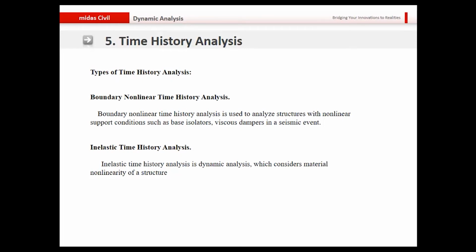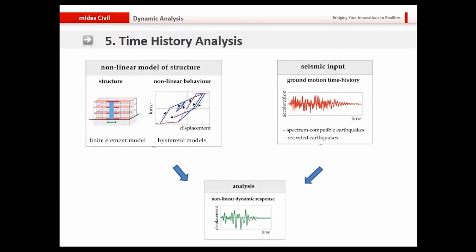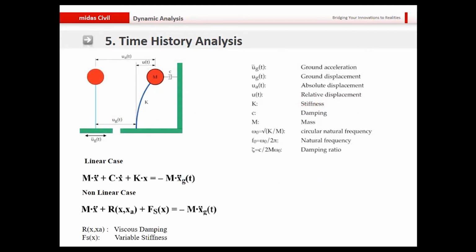for seismic. And we also have the inelastic time history analysis, which is for the dynamic analysis that considers the material nonlinearity. Time history analysis in this case is basically the nonlinear model of the structure combined with the seismic input, which is basically a ground motion or an acceleration, as you can see here.